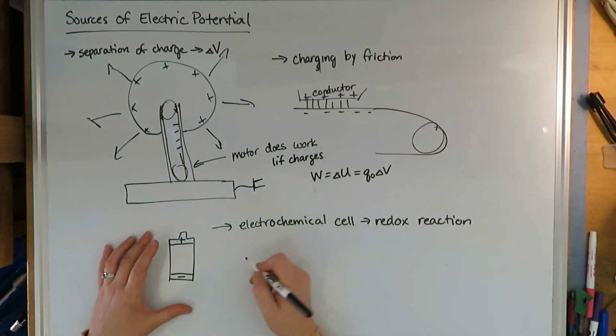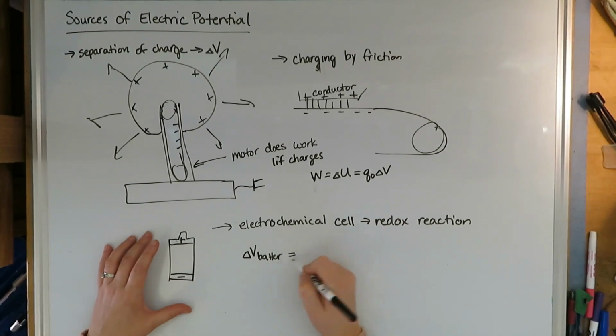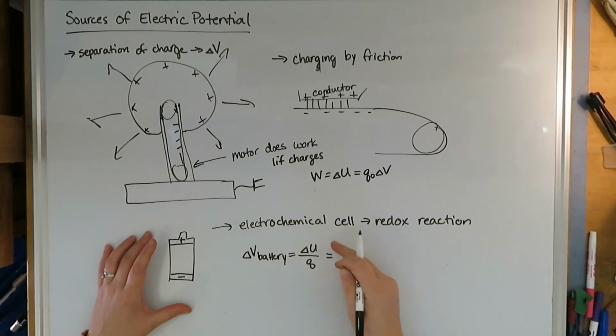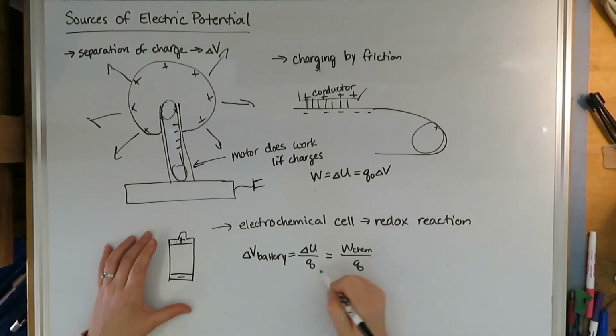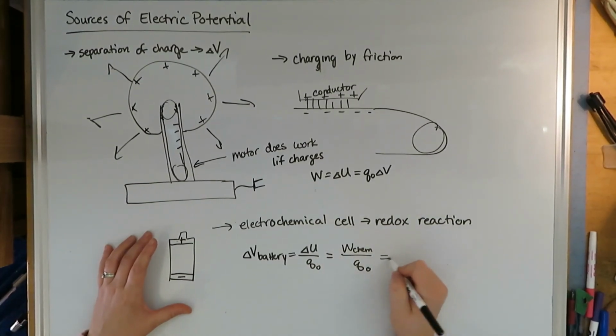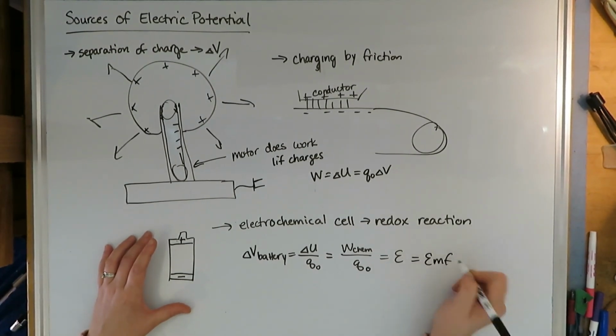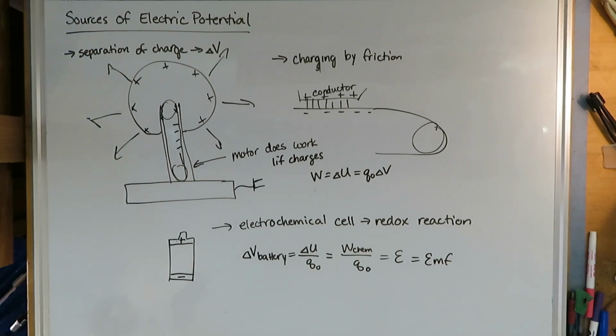The potential difference that you get for your battery would equal the ratio of your potential energy to your charge. In this case, the work is being done by the chemical reaction, and that creates the EMF, our electromotive force.